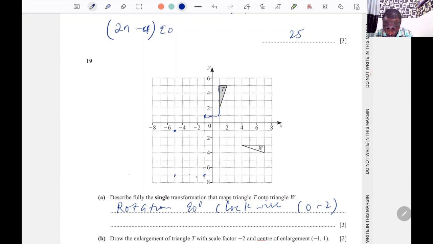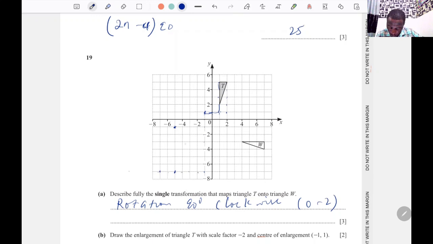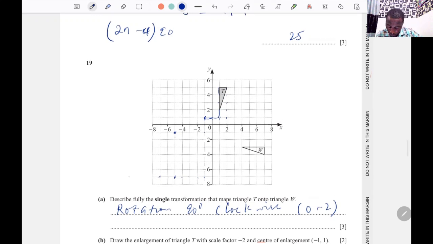Then we count from here also: 1, 2, 3, 4. Now we should still add the 4 here. Then we have 1, 2, 3, 4, so we have 8 there. Then we count 1, 2, 3, 4, 5, 6. So you see that is the point we're looking at.